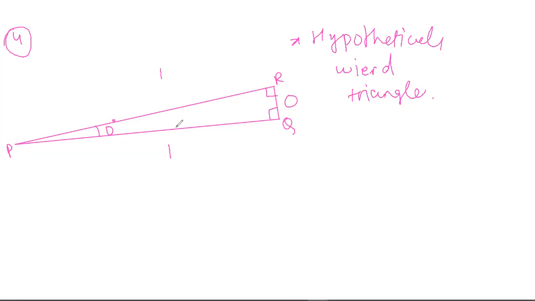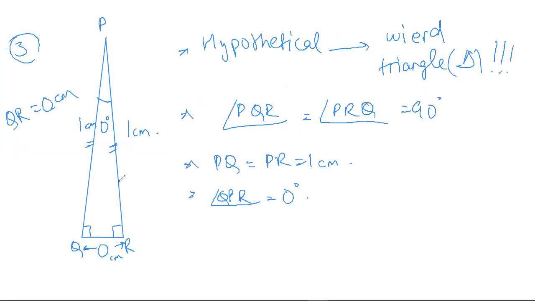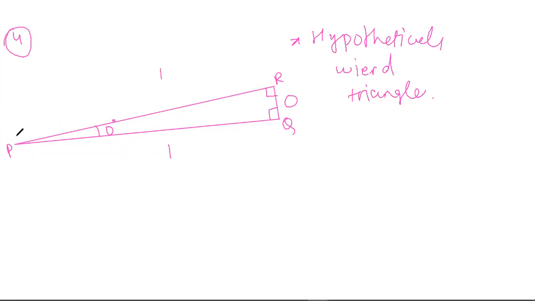So what I've done is I have taken the earlier weird alienish triangle and turned it eastwards, 90 degree eastwards, and we are presented with this triangle in which angle RPQ is 0 degree, and angle PRQ is equal to angle PQR, which is equal to 90 degree. This is an isosceles triangle, so therefore two sides are equal, so 1 centimeter is equal to 1 centimeter, and this side is 0, hypothetically speaking.